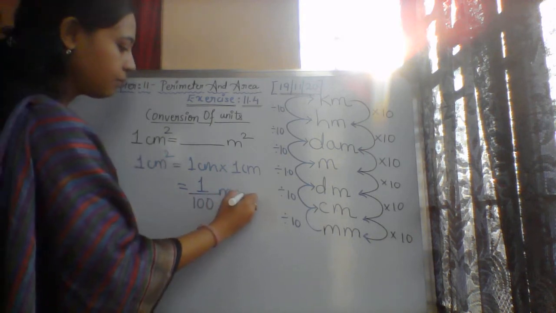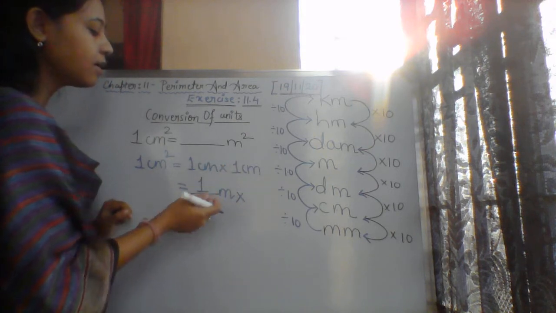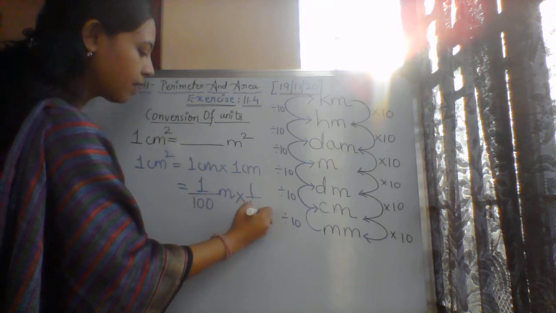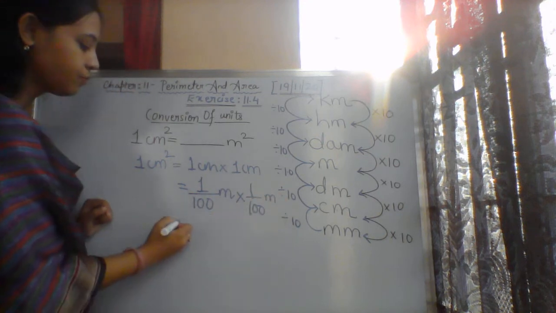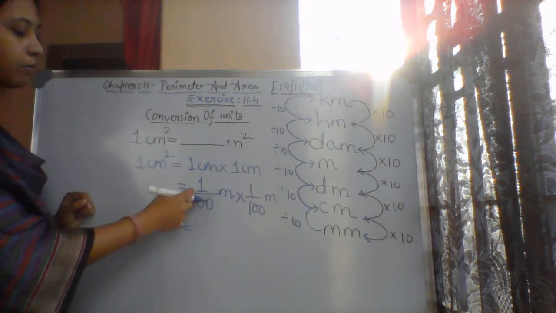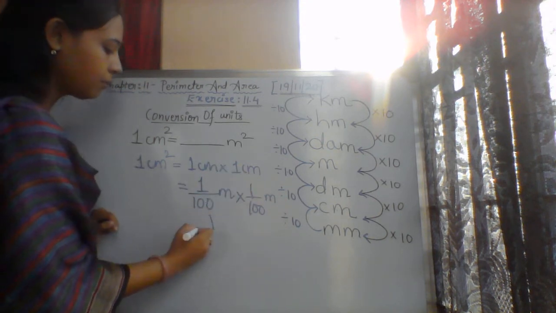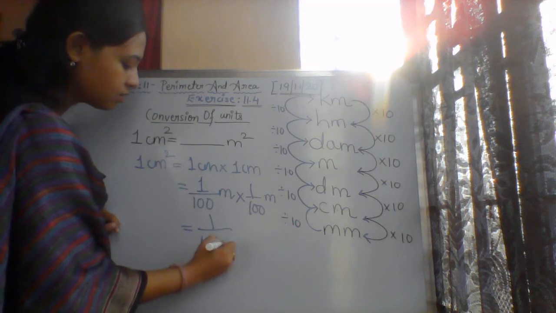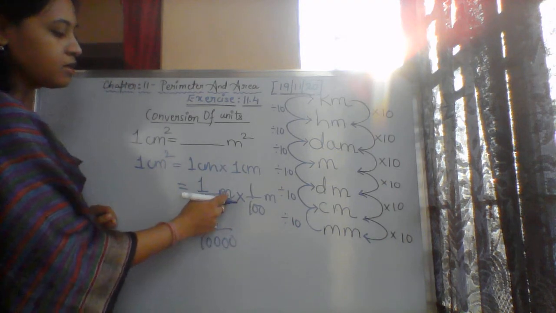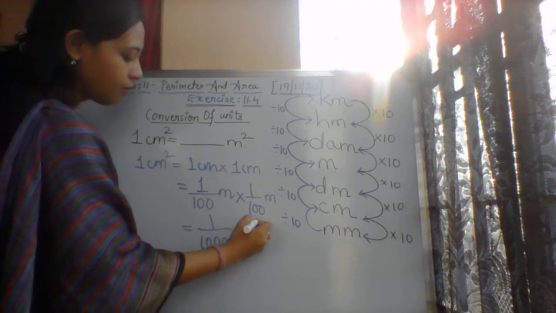Again this 1 centimeter into meter, so again 1 by 100 meter. So what will I get? 1 by 100 into 1 by 100, 1 by 10,000, meter into meter, meter square.